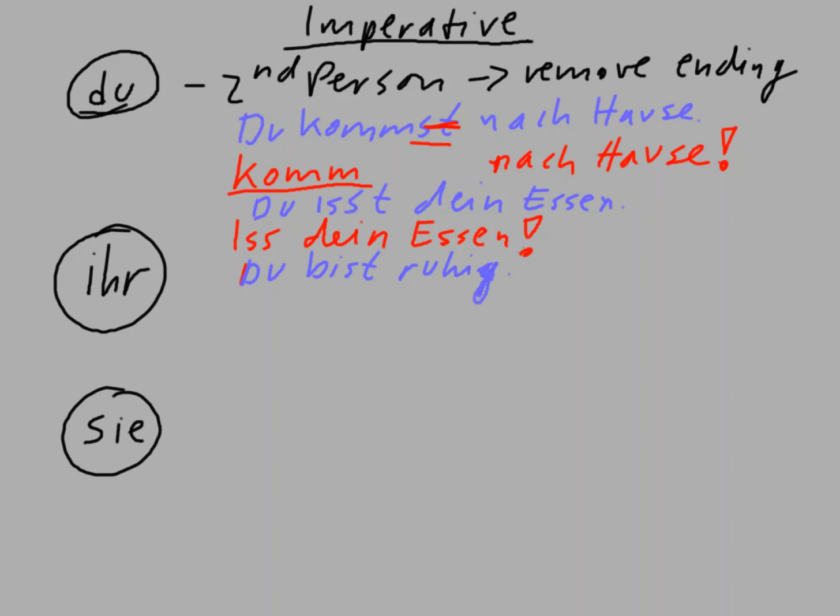Now what if we want to tell somebody, be quiet? The du imperative of to be is sei. So it becomes sei ruhig, Ausrufezeichen. Exclamation mark.